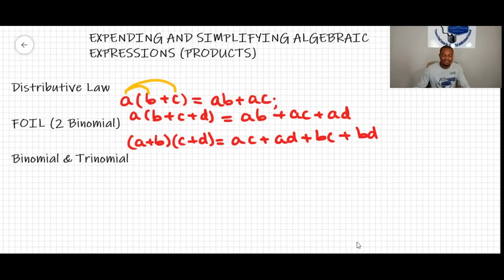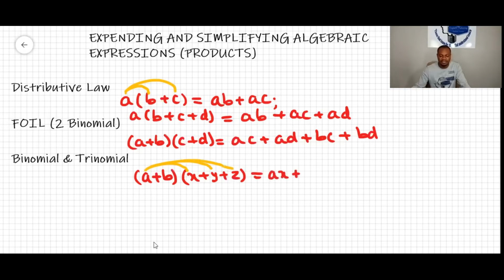Okay. Now, when we need to multiply a binomial and a trinomial, we say A plus B times, let's say, X plus Y plus Z. Then we do A times X, A times Y, and A times Z. So it's AX plus AY plus AZ.